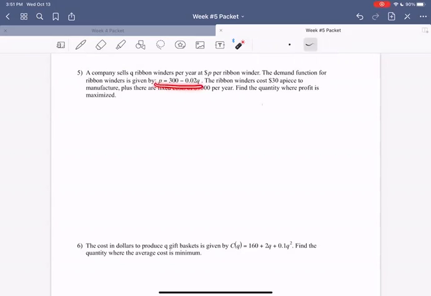So this demand function tells us, if we have Q, the demand, the price of the items given a certain demand. Now we're told the ribbon winders cost $30 a piece to manufacture, plus there are some fixed costs of $9,000 per year. Recall, fixed costs are those costs that are independent of how many ribbon winders we make. So we want to find the quantity where profit is maximized.